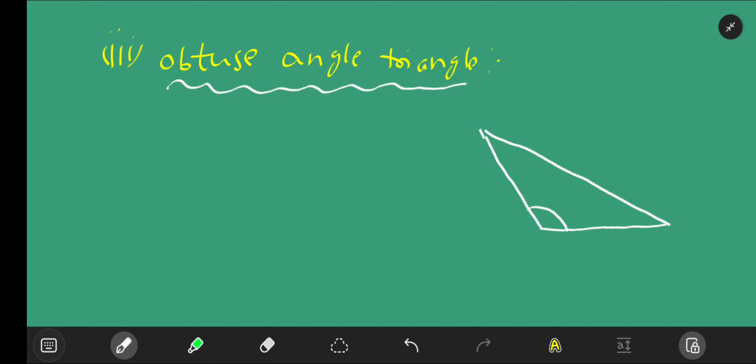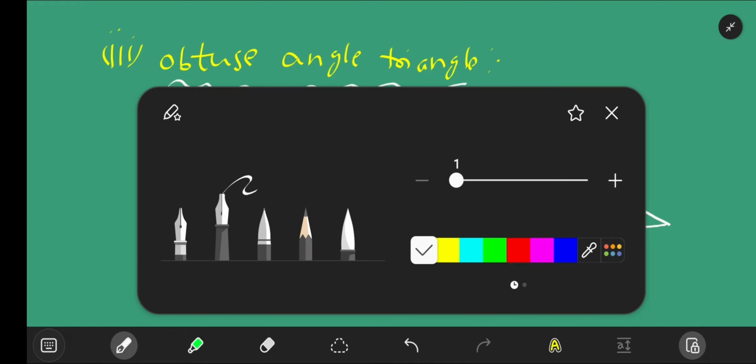This angle must be greater than 90 degrees. Okay. Write down the statement.